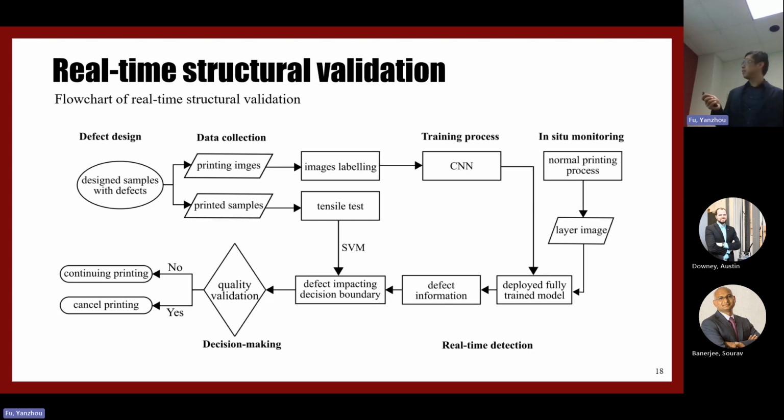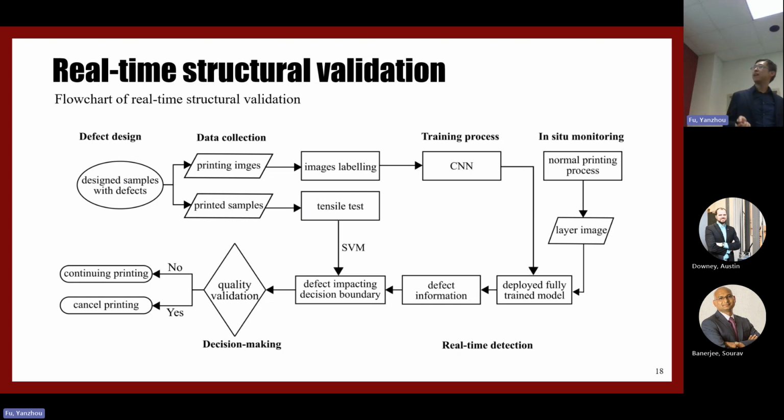And in the real printing process, one layer image will be input into the fully trained machine learning model here, and the machine learning model will output the defect information, and then that defect information will be evaluated on the defect impacting decision boundary. Then we can judge whether the existing defect impacted the product structure quality or not.